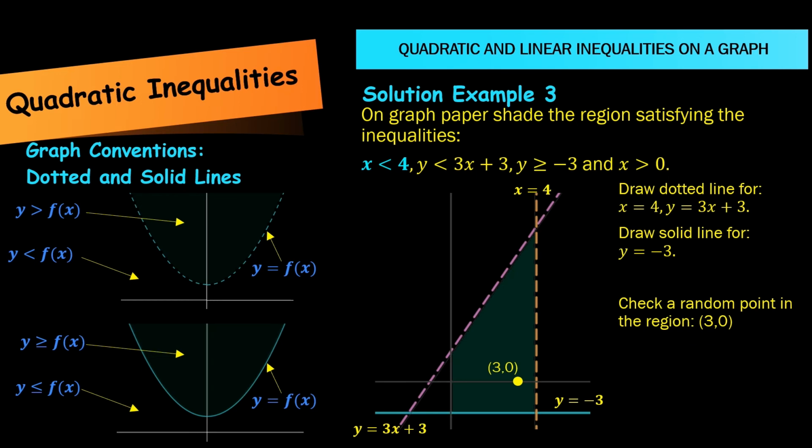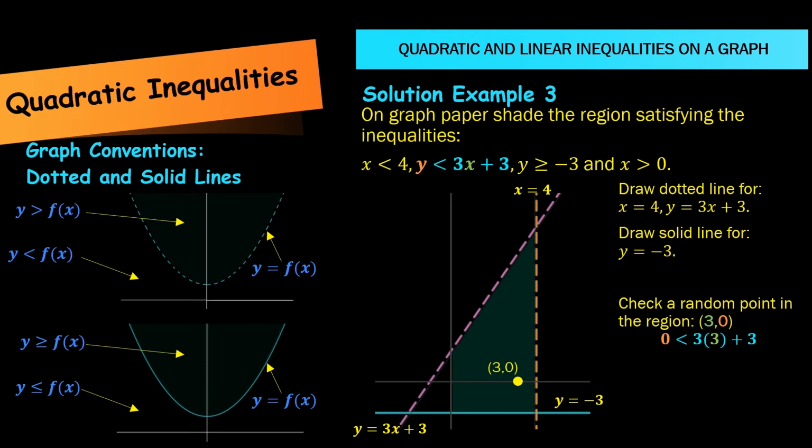For our random point x equal to 3, 3 is less than 4. Does it satisfy the inequality y less than 3x plus 3? x equals 3 and y equals 0. y is less than, or 0 is less than, 3 times 3 plus 3.